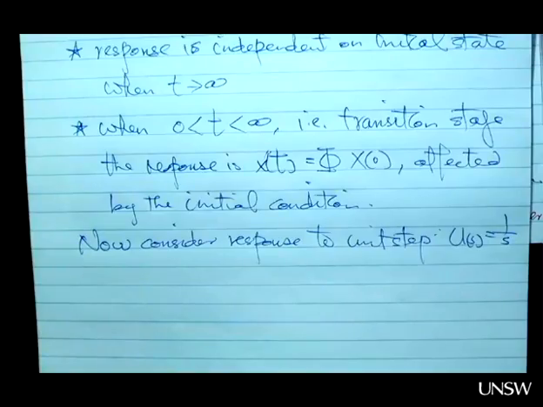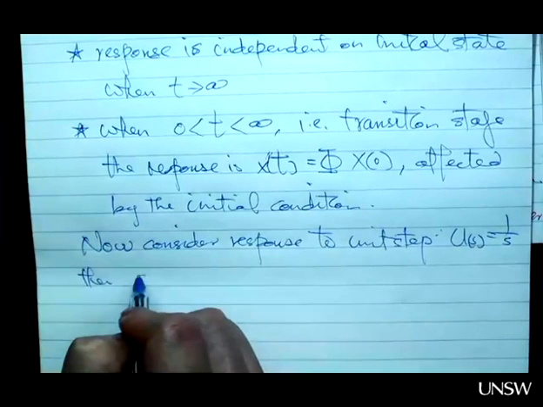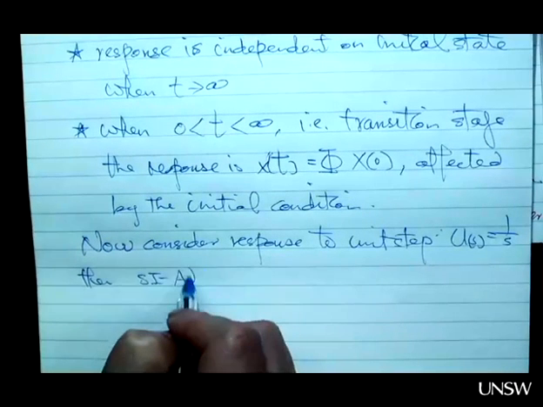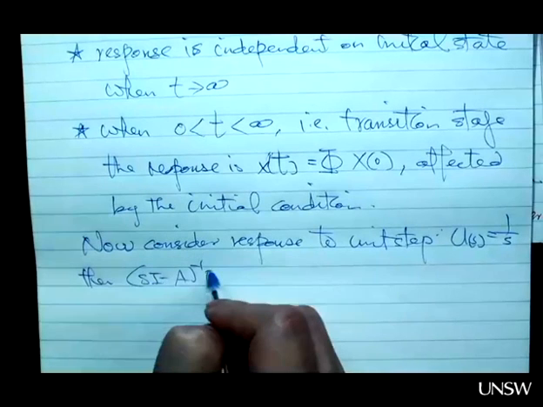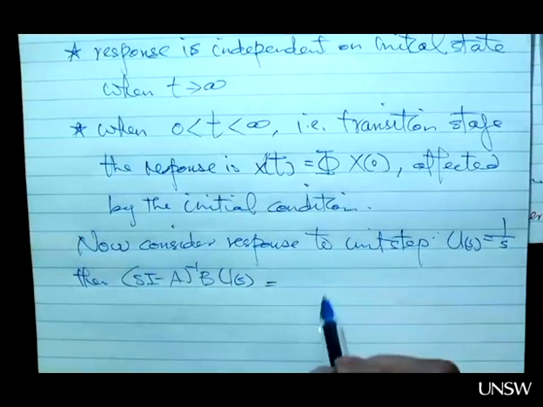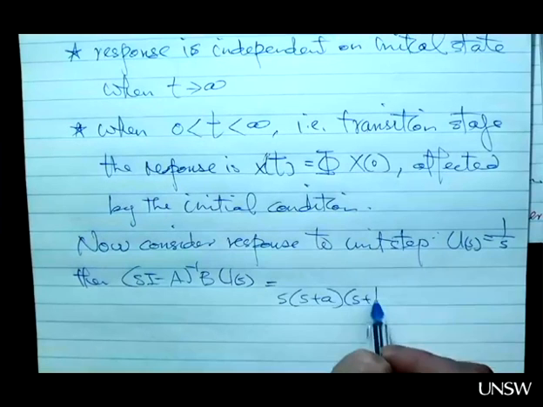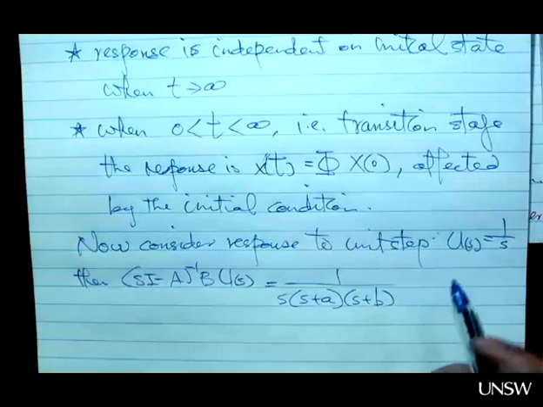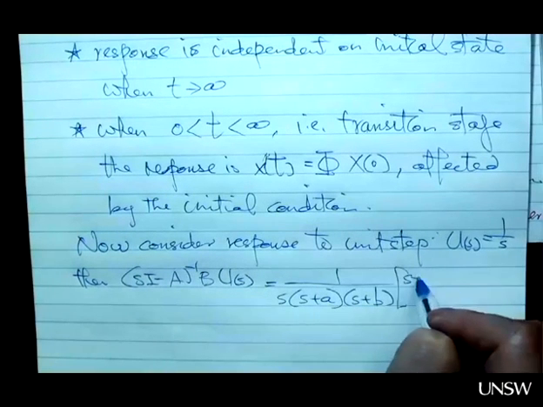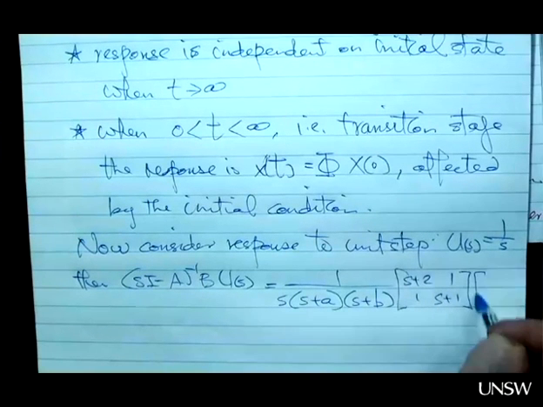Then we have the response to the input. Okay, so it is s plus a and then s plus b, 0.1, s plus 1, and then the b matrix is 1.